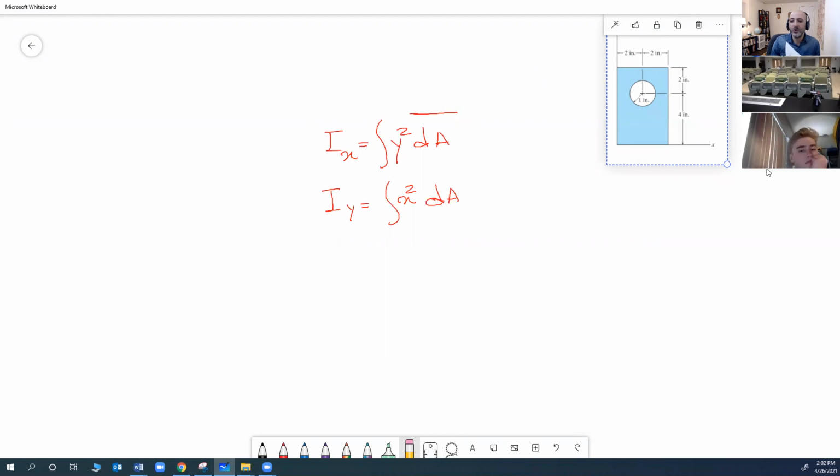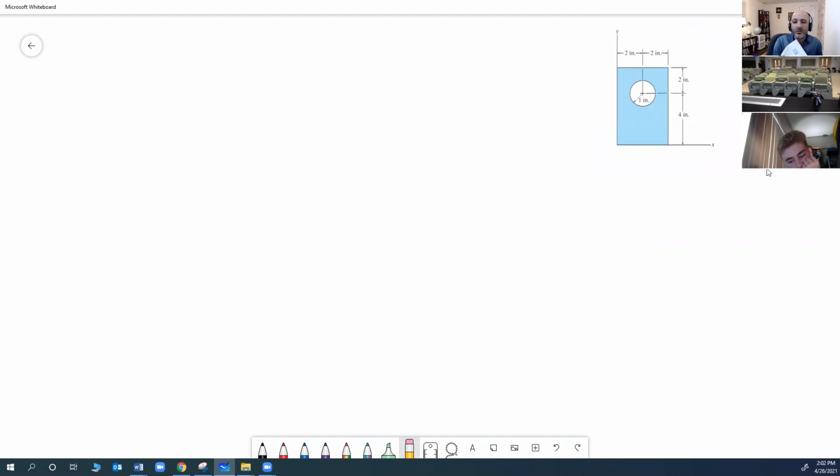So this is what we know as a composite area, similar to composite area when we dealt with centroid.